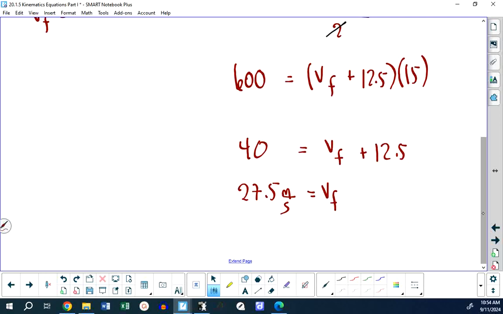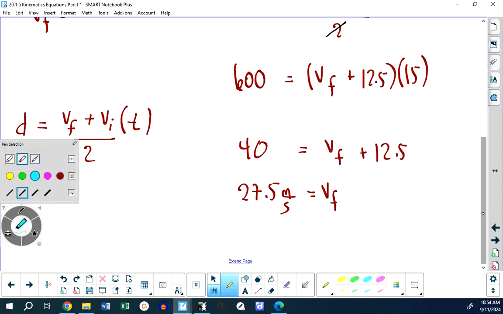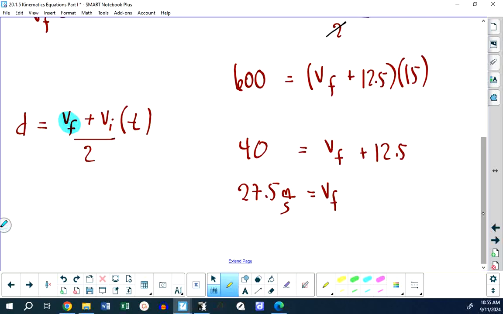Okay. If I have D equals VF plus VI over 2 times T, and I want to find out the value of VF, then here's what I would have done. I need to multiply both sides by 2 and divide both sides by T. Or divide both sides by T and multiply both sides by 2.